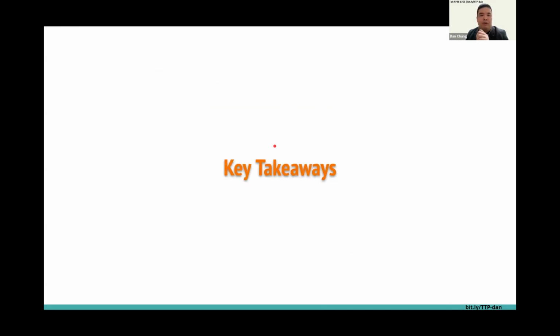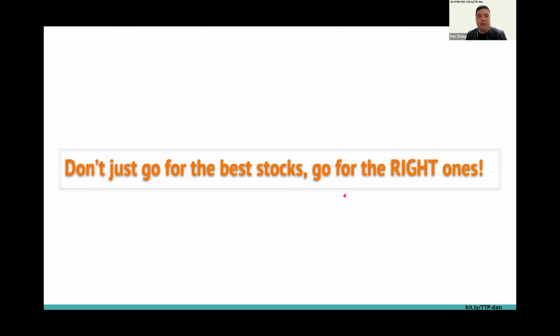Before I go, there are always some key takeaways that I want you to have before I end the webinar. Number 1, don't just go for the best stock. Go for the right one. Everyone is different, so you don't just choose because everyone says this is good.